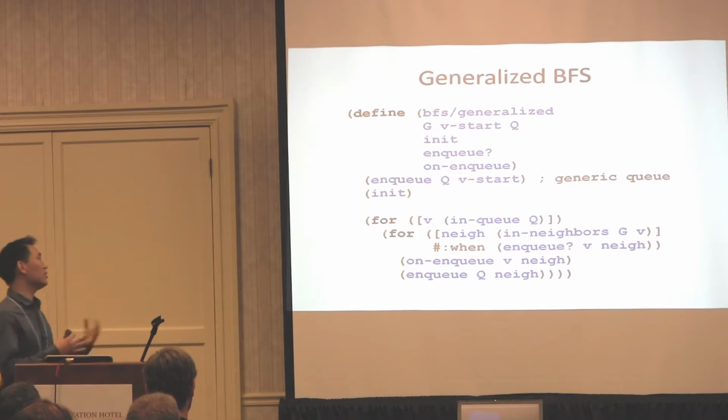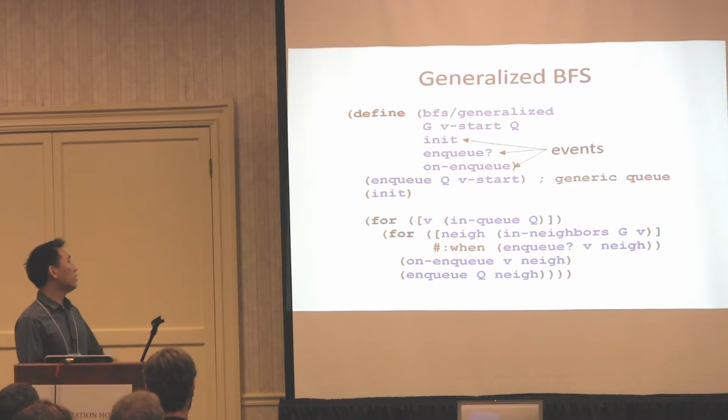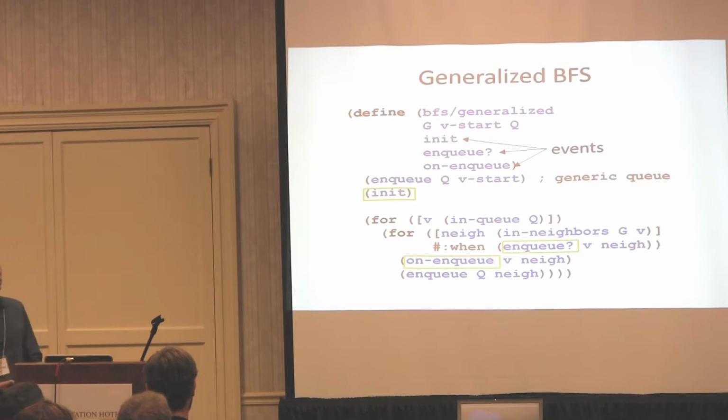So there's a generalized breadth first search that has hooks. The Boost library calls them events. Basically, they're just higher order functions. The function also takes a queue that satisfies a generic interface. And then it just calls these hooks while doing the search so that you can customize it.